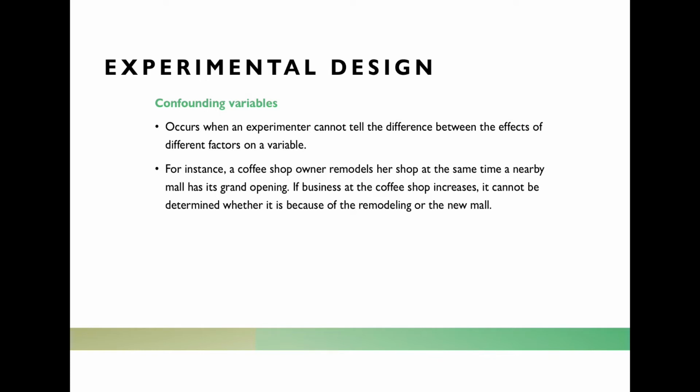For example, a coffee shop owner remodels her shop at the same time a nearby mall has its grand opening. If business at the coffee shop increases, it cannot be determined whether it's because of the remodeling that she did or if it's the fact that more people are being drawn to that area because of the new mall, right? We really can't say, oh, it was the remodel. Well, are you sure it was the remodel?